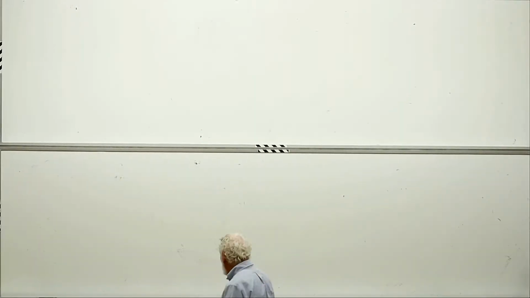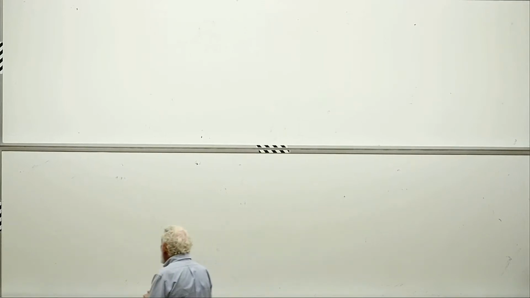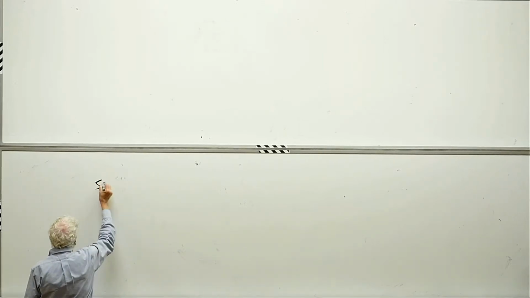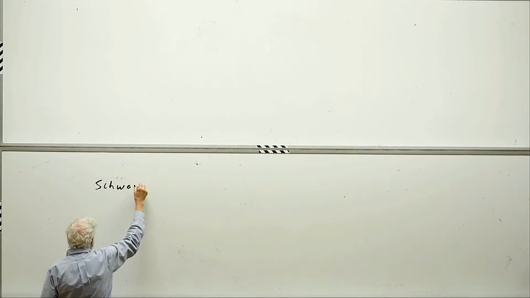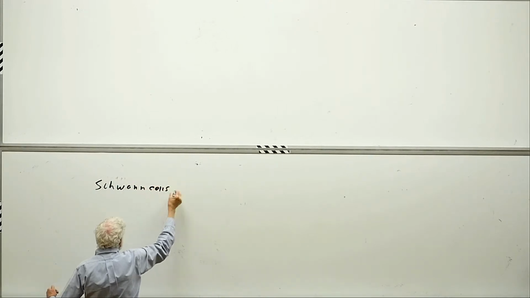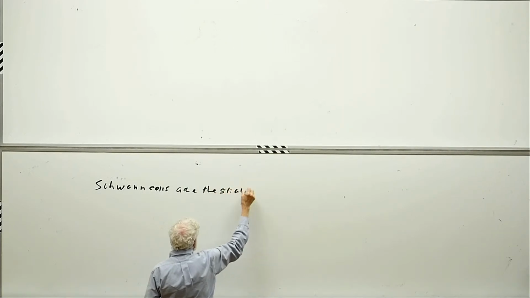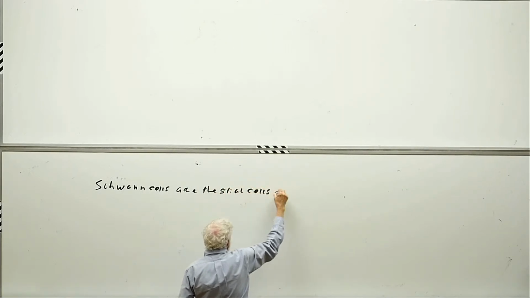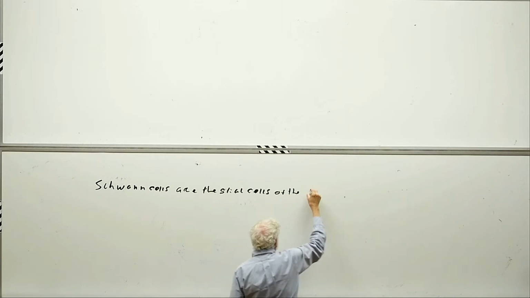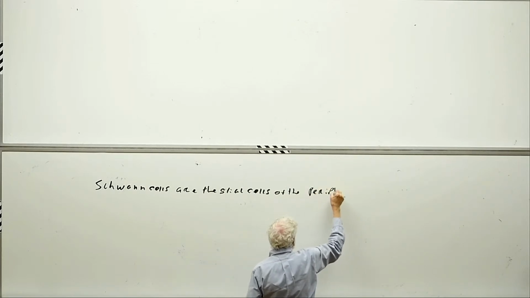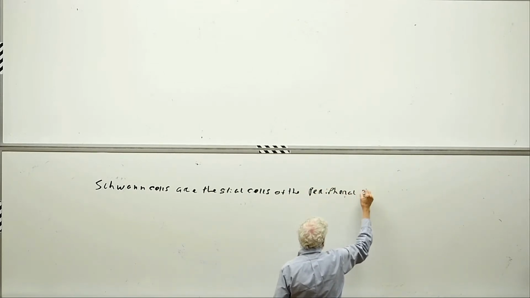And we can cover this fairly quickly in that the Schwann cells are the glial cells of the peripheral nervous system.